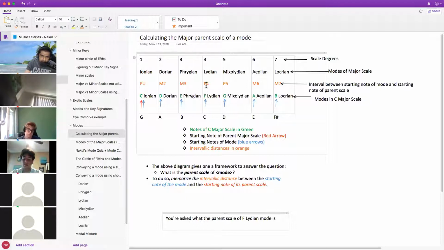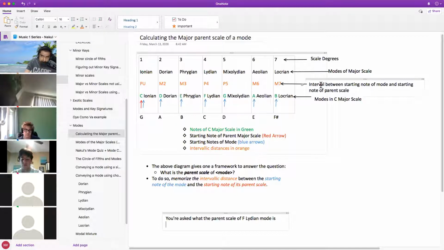The starting note of F Lydian is a perfect fourth above the starting note of the parent scale, right? Because Lydian is the fourth mode, it basically starts a perfect fourth above the root of the parent scale, right?